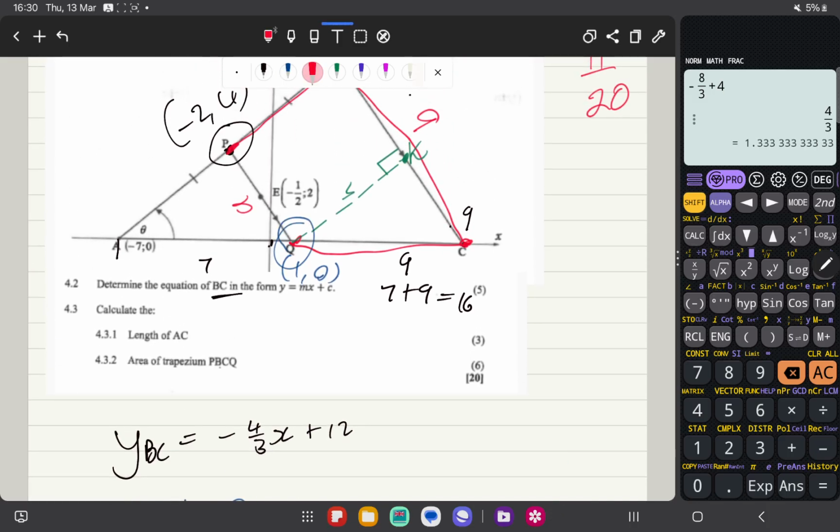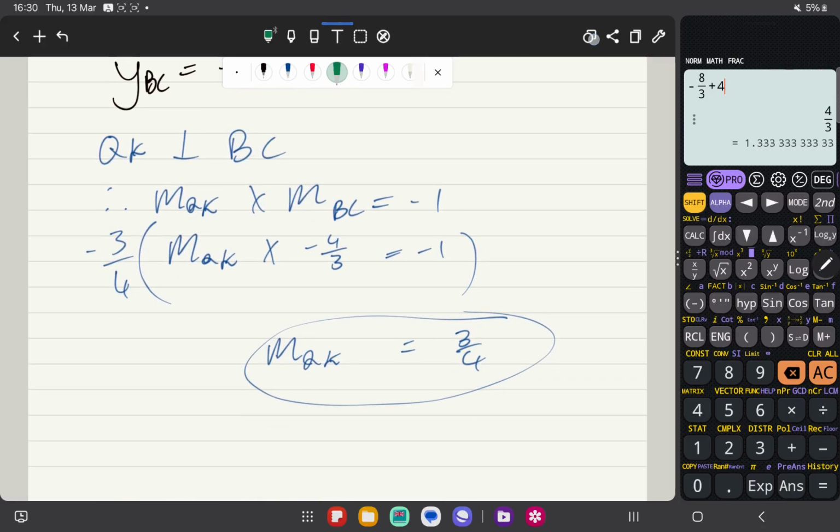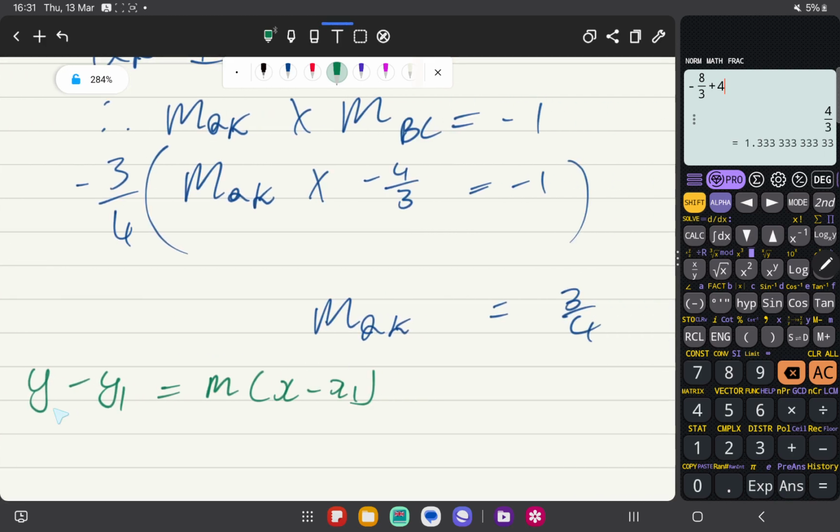So I have this gradient, which is the gradient of line QK, and I have this coordinate Q, which is 1, 0. So I'm going to use it. y minus y1 equals m into x minus x1, right? So if I do the substitution, y is 0 at that point, y minus 0, and the gradient, then x minus 1.